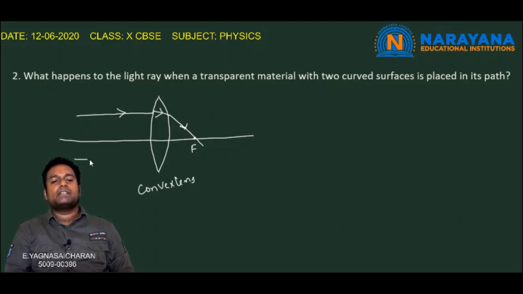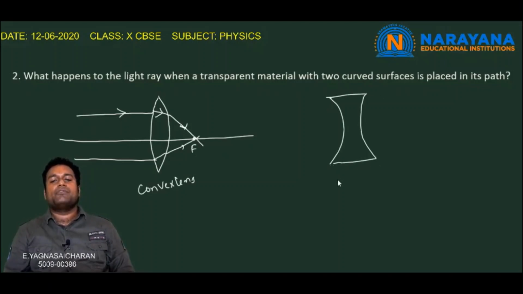Whenever we consider a set of light rays like this, all the light rays will bend and converge at a particular point called focus. If the two curved surfaces of the transparent material are like this, it forms a concave lens. In this situation, the light will bend away from the principal axis.